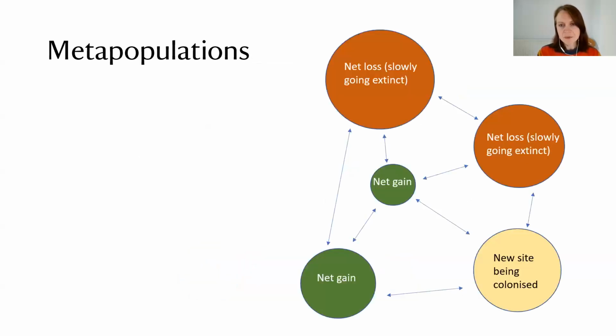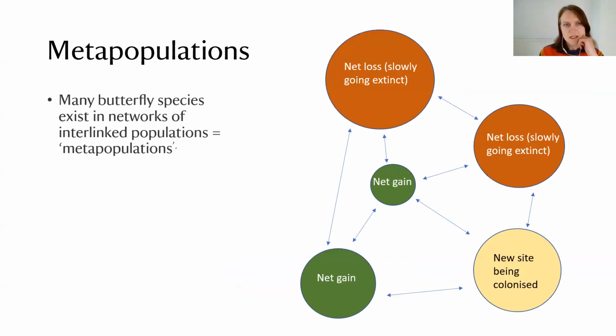Okay, so a bit of ecology now, which is quite exciting for me. I was harking back to my university lectures, and I just wanted to briefly touch on something called metapopulation ecology, because it's really, really relevant for butterflies. And I'll explain that as we go through. I don't know how many of you have heard this term before, metapopulations.